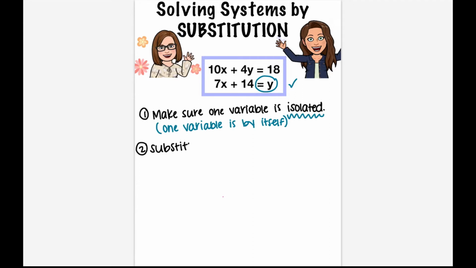Step 2 is to do the substitution. Since y is equal to 7x plus 14, that means that in the equation above it, anywhere we see a y, we can put 7x plus 14 in its place.